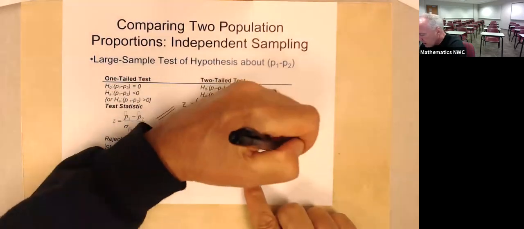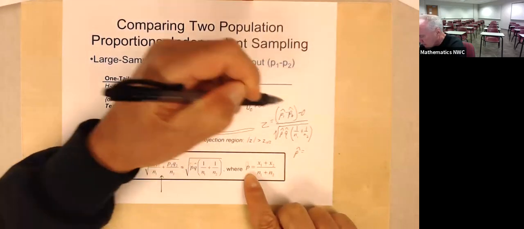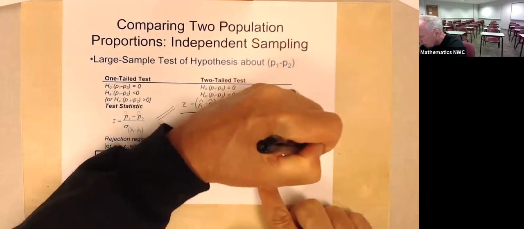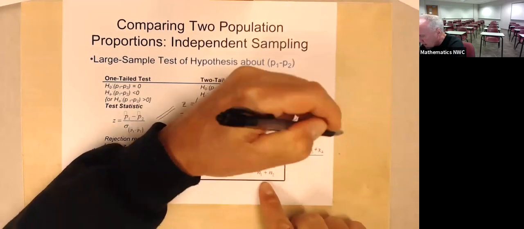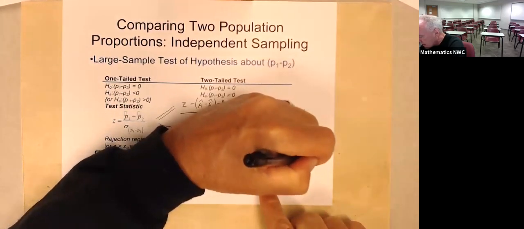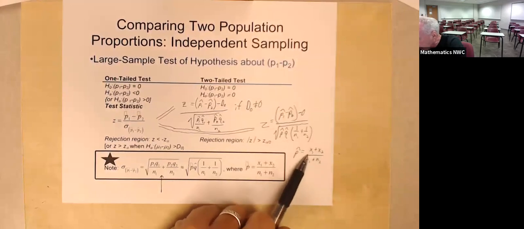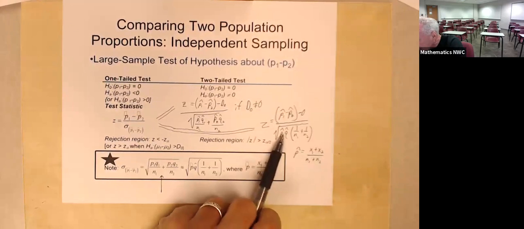This is where P hat general is both x's from the first sample and the second sample added together, divided by the sum of both samples. So this fraction goes in there. Q hat general is the complement of that.